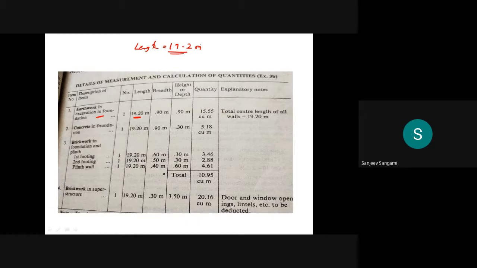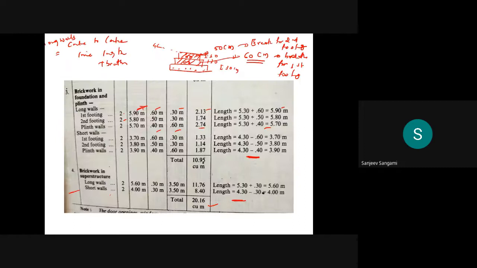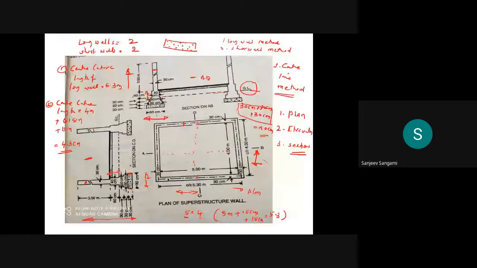Then the breadth. If you go back to the excavation problem, you can see the excavation part breadth here. It will be 90 centimeters, and the height also 90 centimeters.